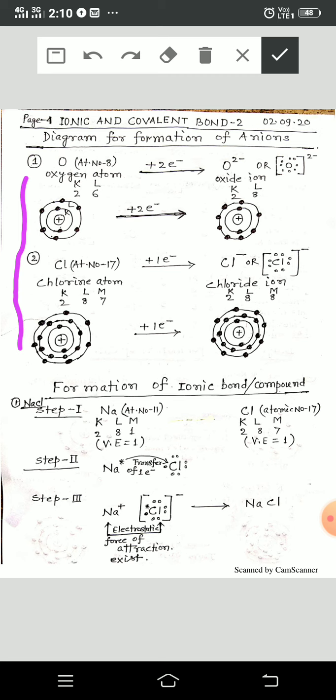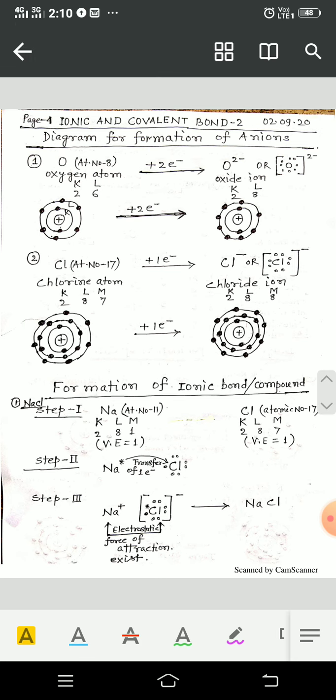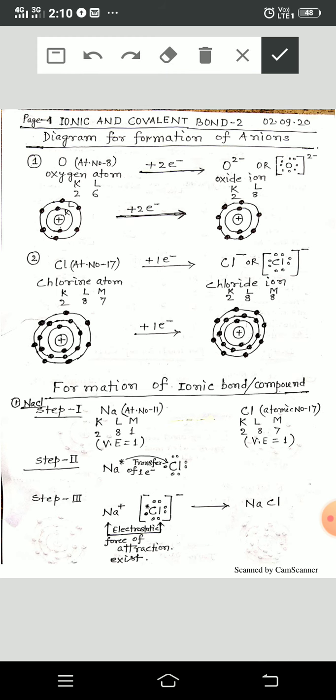Now the formation of ionic compounds, the last thing of this chapter. See here, this is a sodium atom and this is a chlorine atom. Chlorine has the tendency to gain 1 electron and sodium has the tendency to lose 1 electron, because sodium will attain the electronic configuration like neon by losing an electron, and chlorine will attain the electronic configuration like argon by gaining an electron.